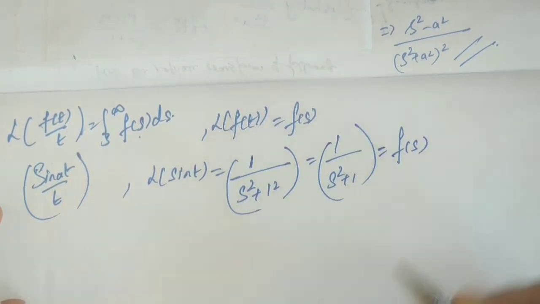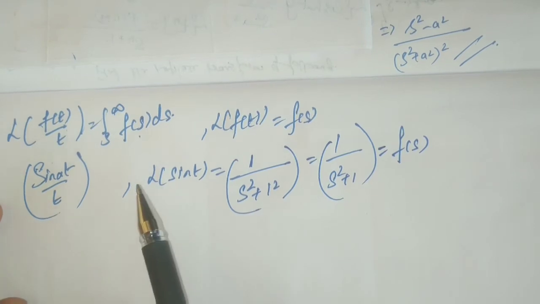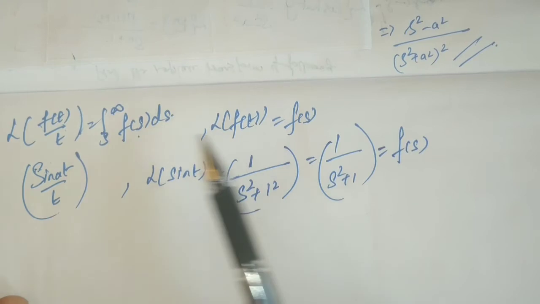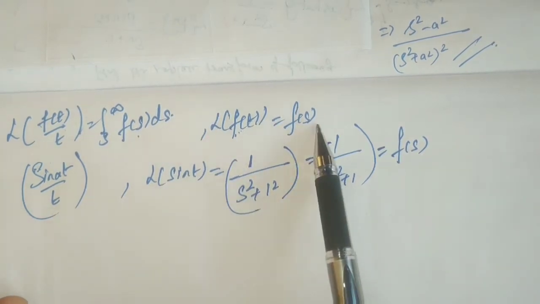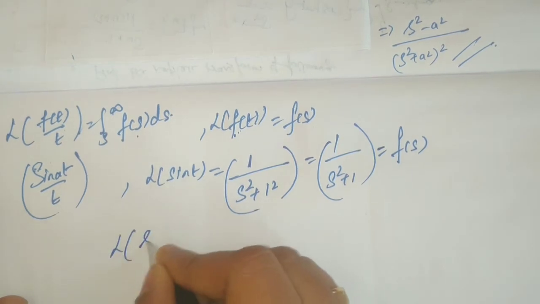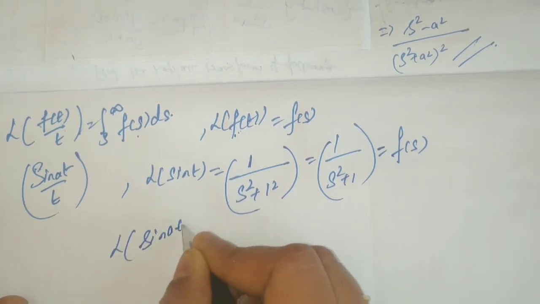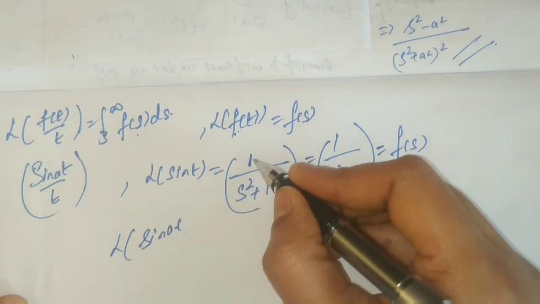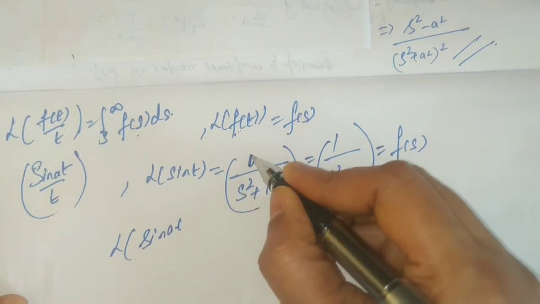This is nothing but our F of s. Whenever you have a product of functions or this type of functions, first take the Laplace transform of the function which gives F of s. With this only we can go for the formula. So now the Laplace transform of sine at here. So if it is a, then it should be a by.